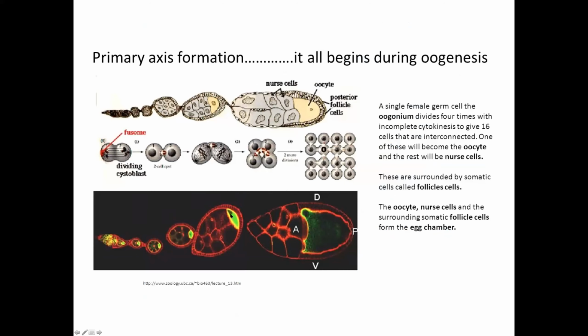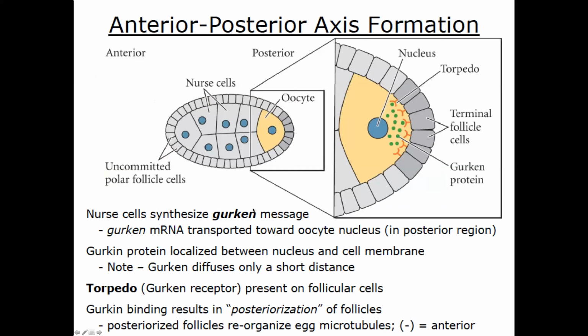It stays very close to the oocyte nucleus, but gradually, as the oocyte is also growing, it stays along with the oocyte nucleus and activates the Gurken receptor in the terminal follicle cells.